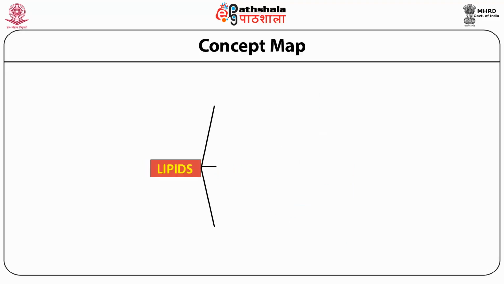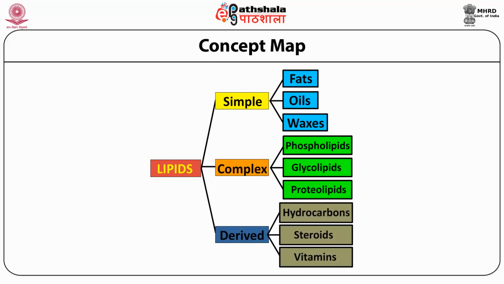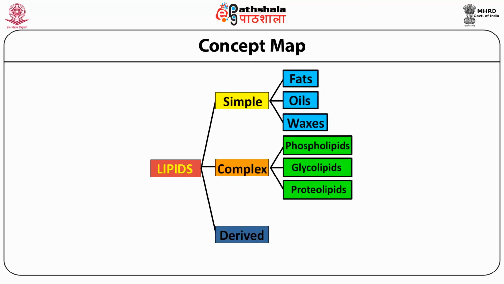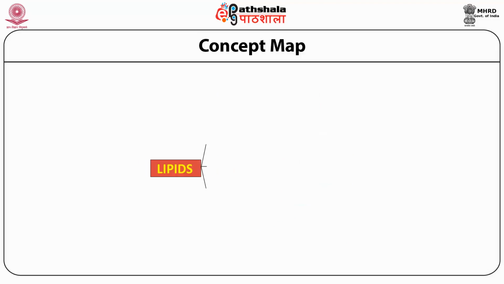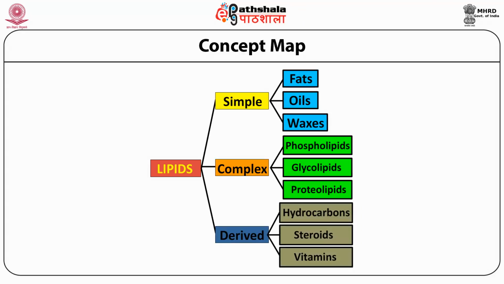The examples of simple lipids include fats, which contain the saturated fatty acids, the oils, which contain the unsaturated fatty acids, as well as waxes. So the subtypes of the simple lipids include fats, oils, and waxes.